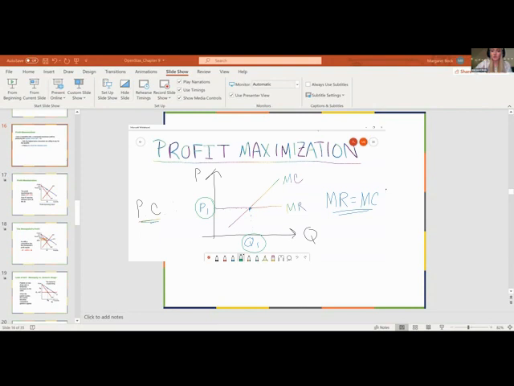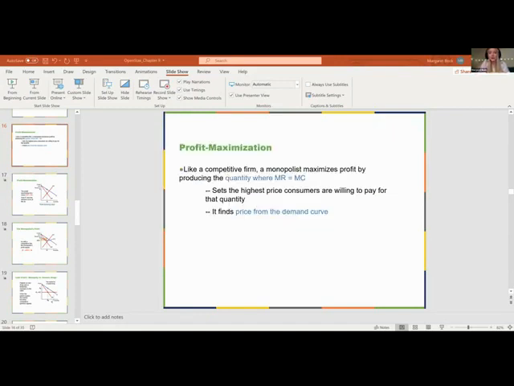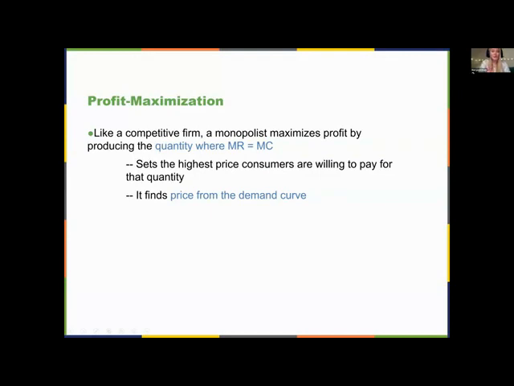Now, we know that for a monopoly, the marginal revenue curve looks a little bit different. So finding out what the quantity and the price is involves a couple little extra steps, which we'll go through right now. Whenever we're trying to find the quantity and the price that maximizes the profit for a monopoly, we're going to have these couple extra steps.